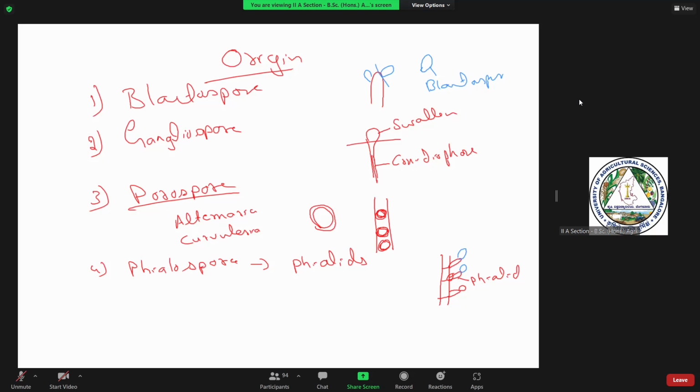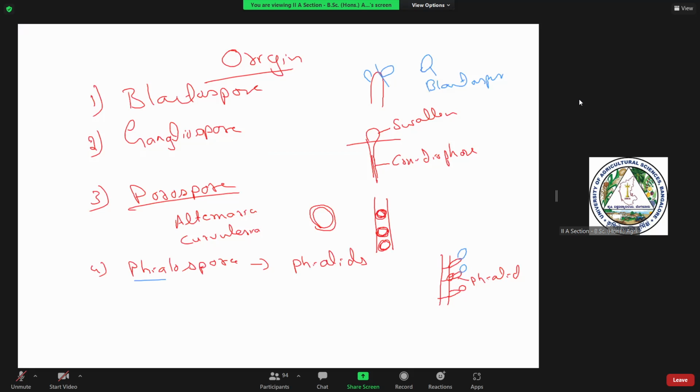The phialospore is the one with conidia borne on a phialide. The phialides are short unicellular oval structures, often swollen at the base with a distal neck, on which the spores are produced.